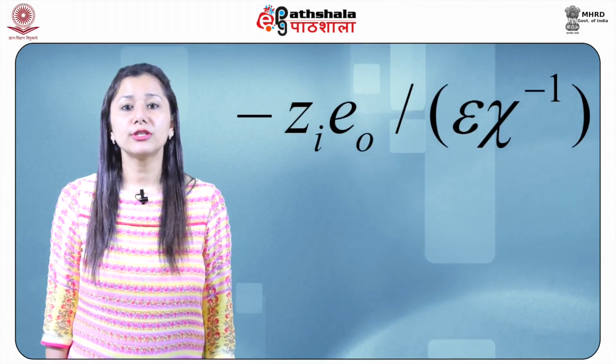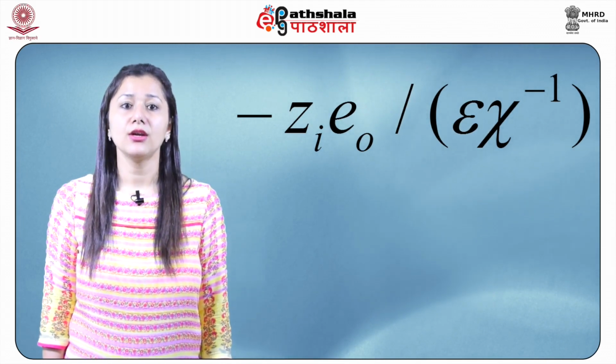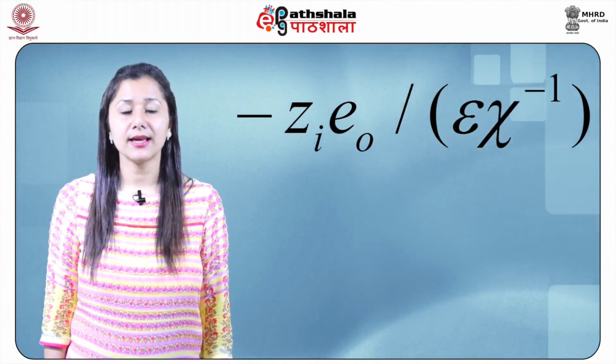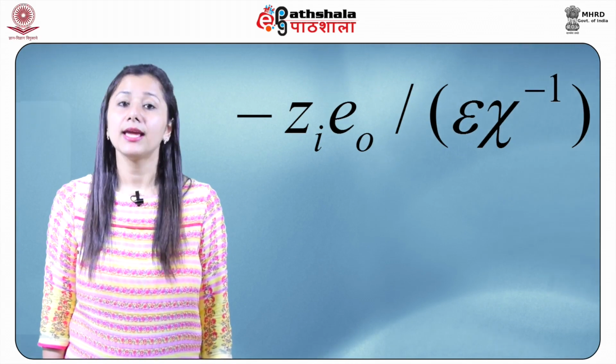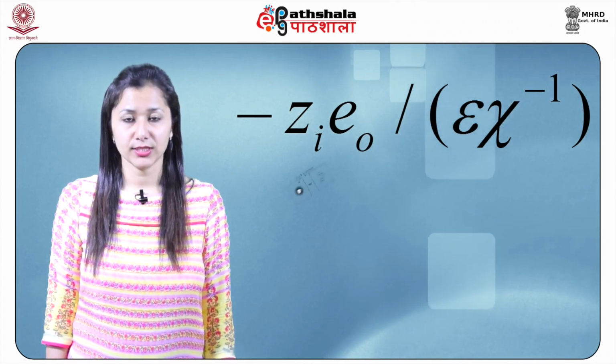Also, if the entire charge of the ion atmosphere were placed at a distance chi inverse from the central ion, then the potential produced at the reference ion would be minus Zi e0 by epsilon chi inverse.